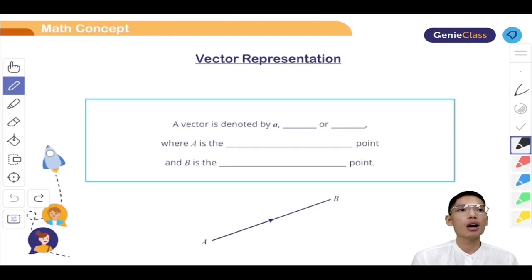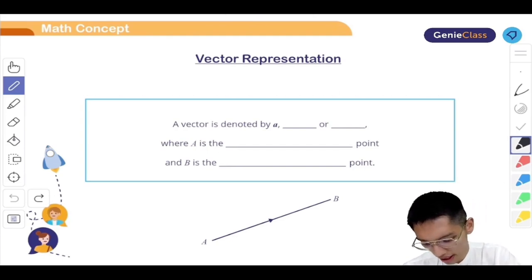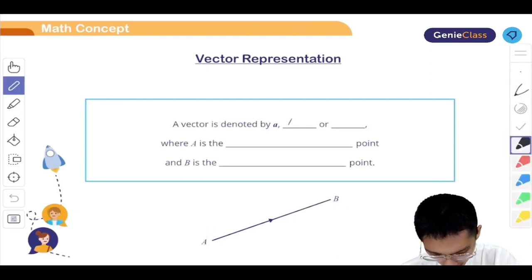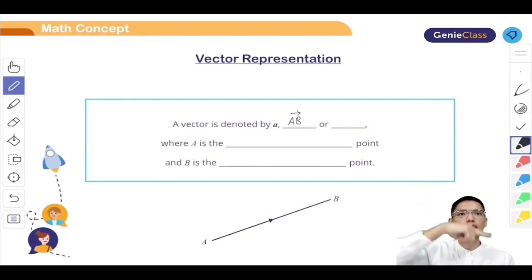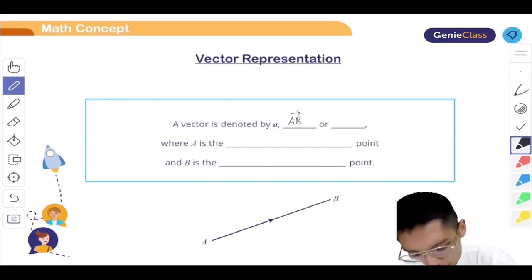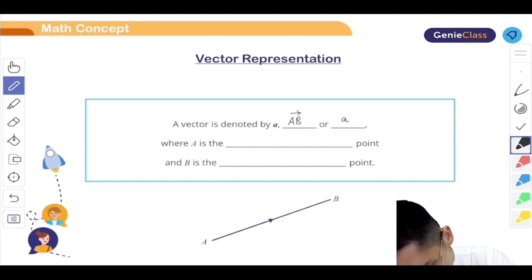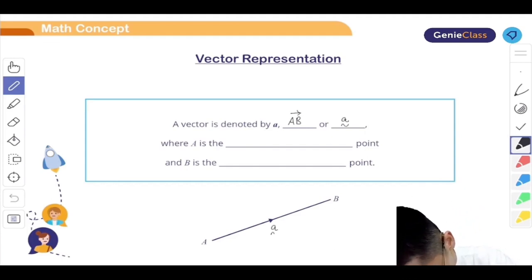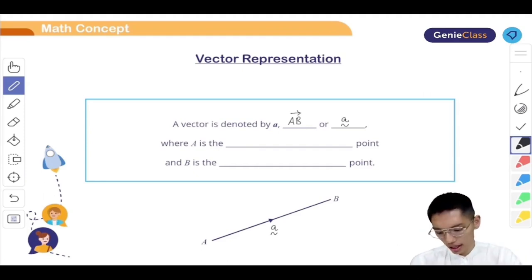So more or less they will ask you to write either the vector itself, in this case the vector AB, so it goes A to B with the arrow indicating the direction of the line, or in this case the letter A with the curly sign, vector A with the curly sign.